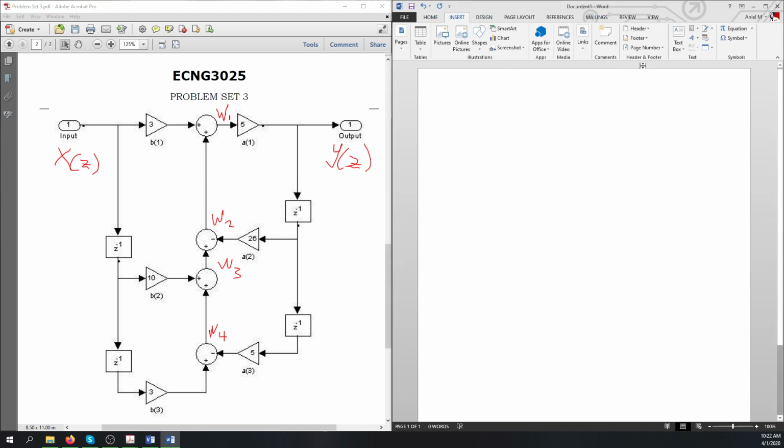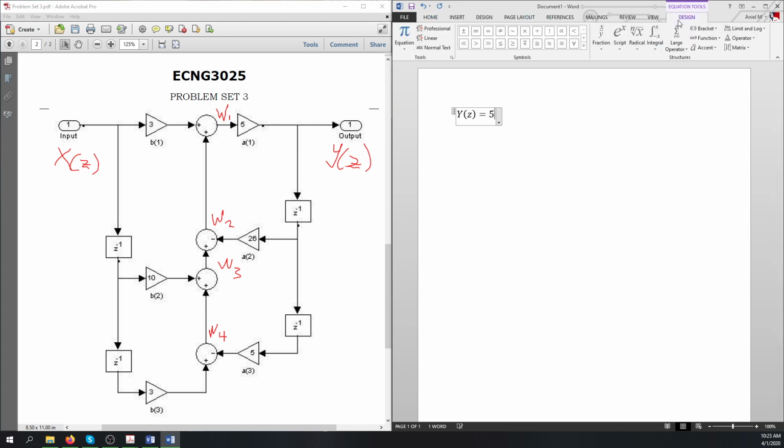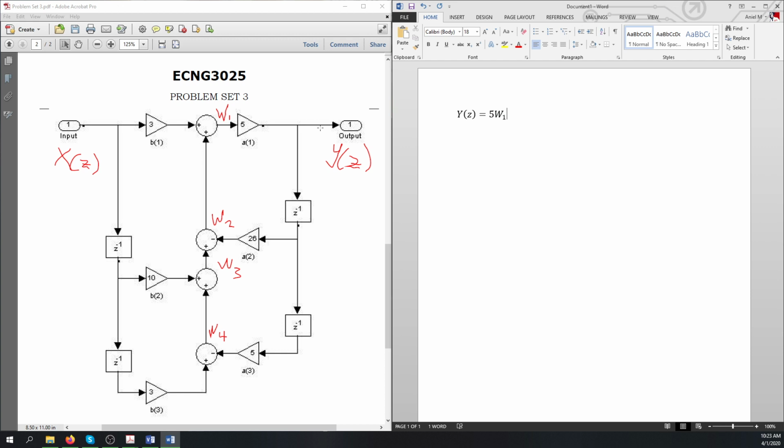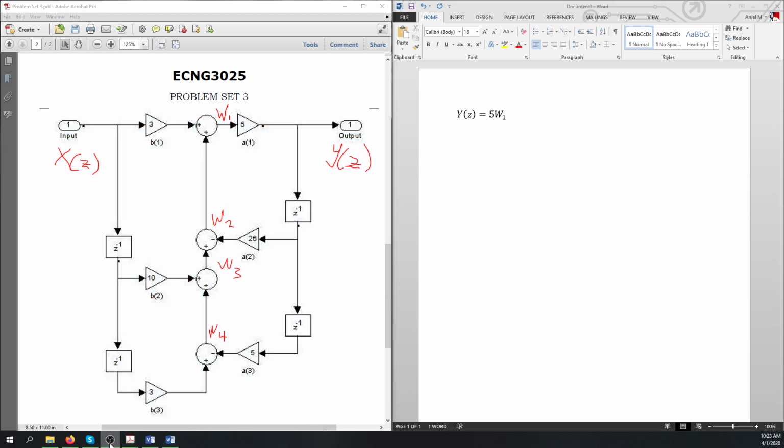So we could basically say here, for this first output where we have W of 1, let's formulate an equation to map it in terms of Y for what the output is here, to get it in terms of W1, and then we can replace this accordingly to get it in terms of X of Z. So our first equation is that Y of Z is going to be equal to 5 of W1, because we only care about what is the output here going towards for this feed forward part. So Y of Z needs to be equal to 5 W of 1 accordingly. Now, because we're watching it in terms of W of 1, we need to figure out what W of 1 is going to be.